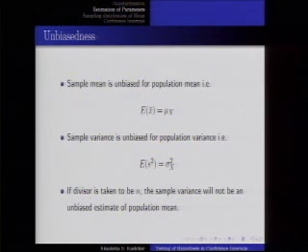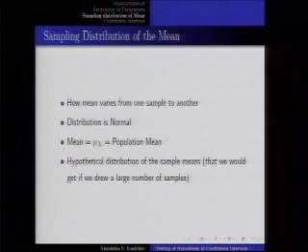So now we know that even though we don't know the population parameters, we can get some idea about them through sample statistics, and these sample statistics have some good properties, in the sense that in a large sample they will be more or less closer to the population parameters.